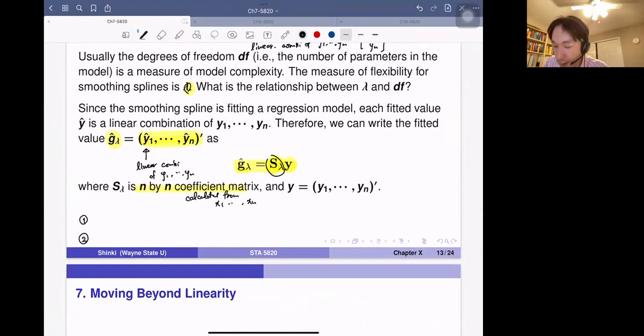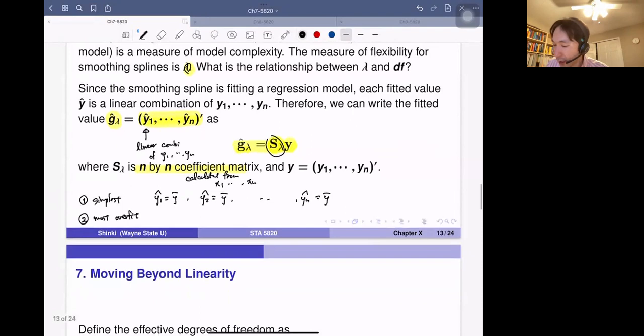One is the simplest model, and two is the most overfit or most complicated model. The simplest case is y1 hat is equal to y bar, y2 hat is equal to y bar, and yn hat is y bar. So everything is just the average of y. So this is the simplest model. This is just the model with intercept.